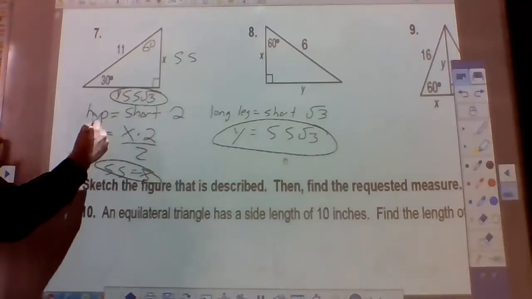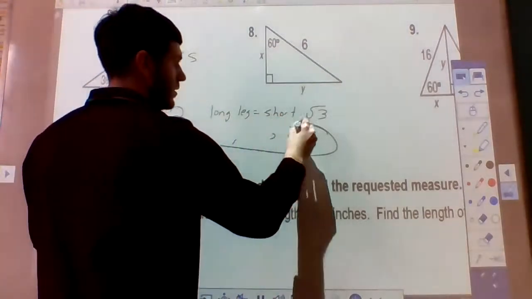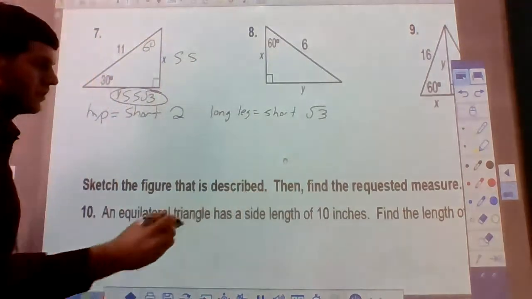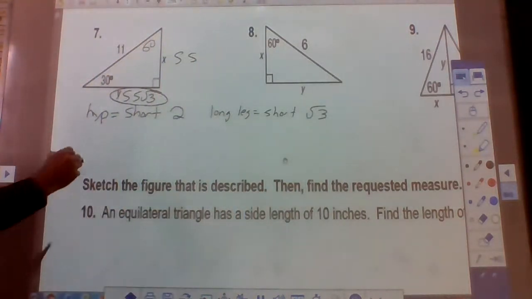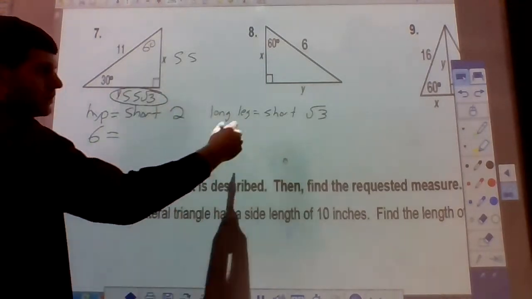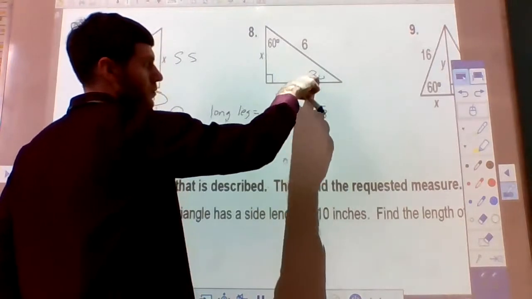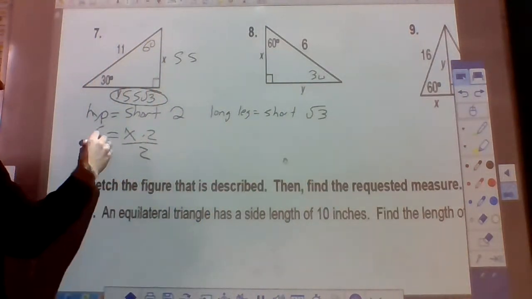Number 8. The hypotenuse is 6. That's 60, this one's 30. The short side is x. Divide by 2.